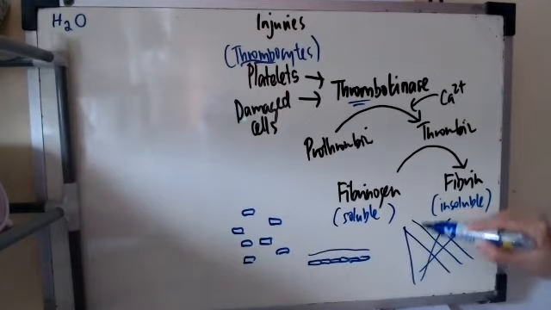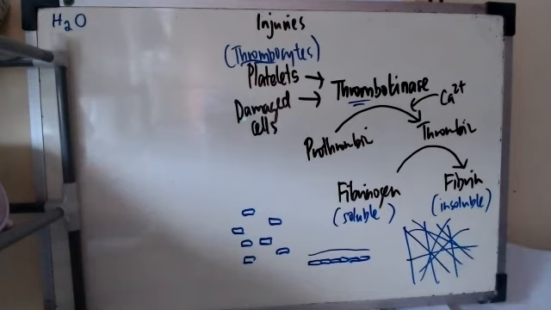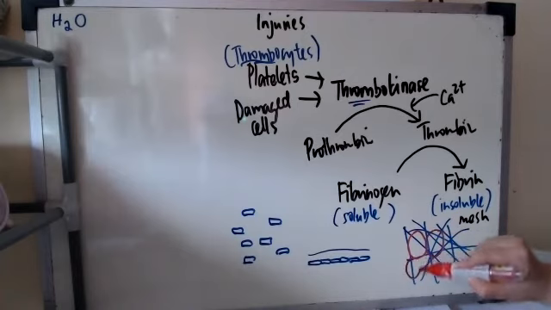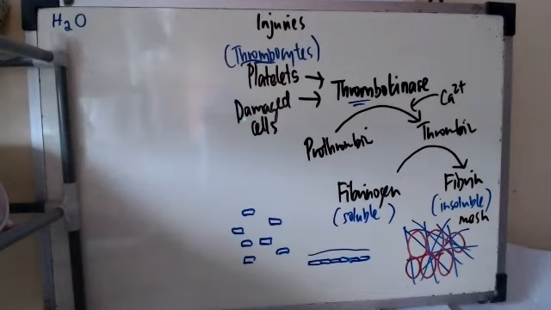Some sort of like cage. This cage, or we call it mesh, will trap red blood cell like a cage like that. It will trap the red blood cell and form blood clot. Okay?